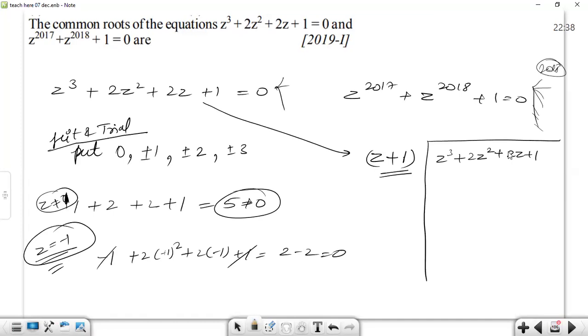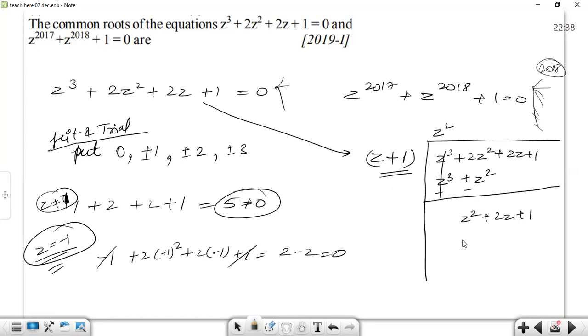Take the leftmost term and try to match it. To make z cube, multiply z plus 1 by z square. This becomes z cube plus z square. Now change the sign, so this gets cancelled, and let's solve the remaining.